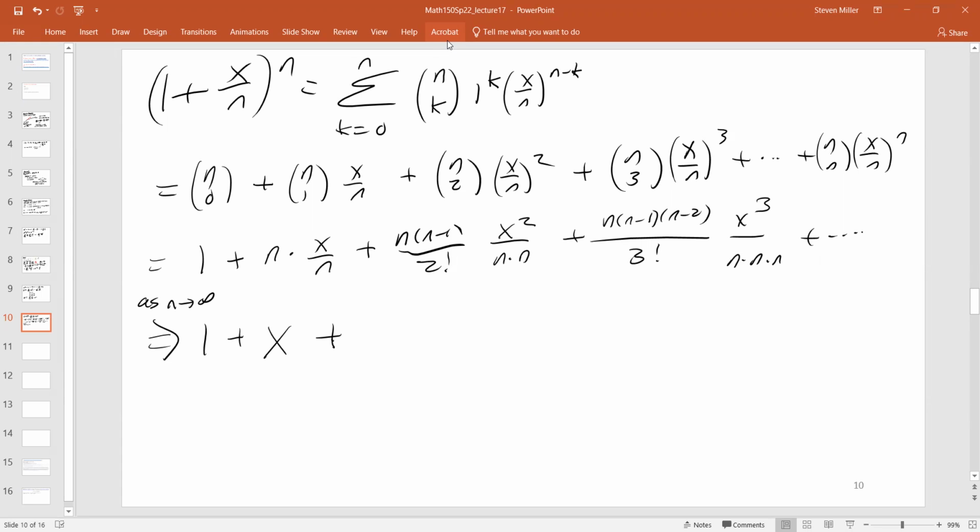What does that go to? As n gets very, very large, n times n minus 1 over n times n, what does that go to? Why do you think it goes to 0? But the numerator is also getting bigger. The numerator is n times n minus 1. So do we agree that we can cancel out one of the n's in the top and the bottom?